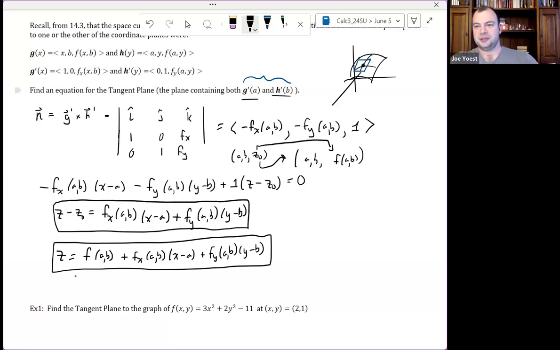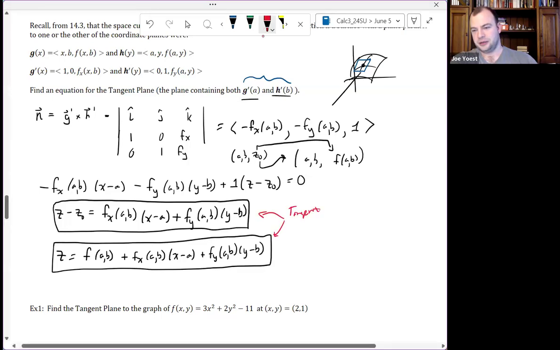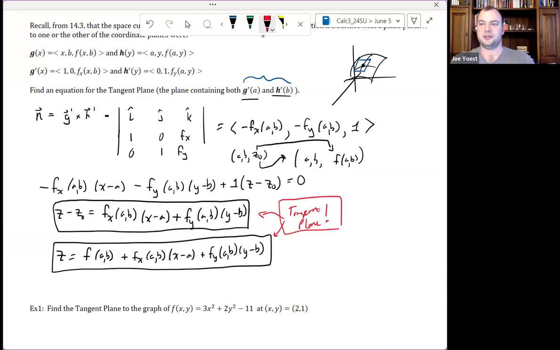And importantly, this is my tangent plane. So I'm not saying that this is true for the z value of the surface as I'm moving along the surface. I'm saying this is what's true of the z value as I'm moving along the plane that is tangent to the surface.